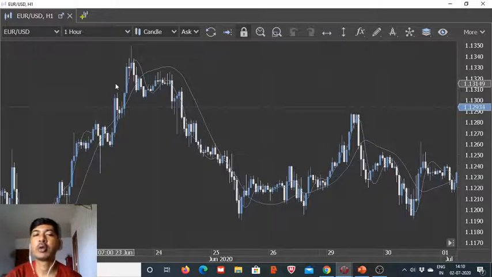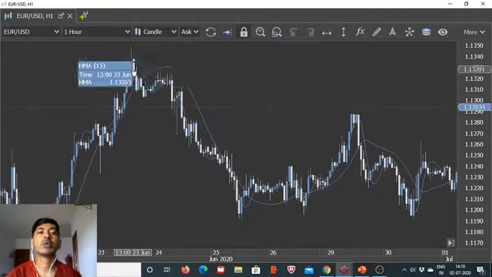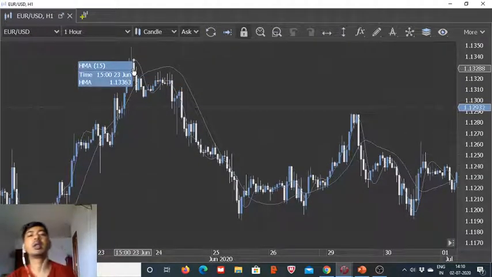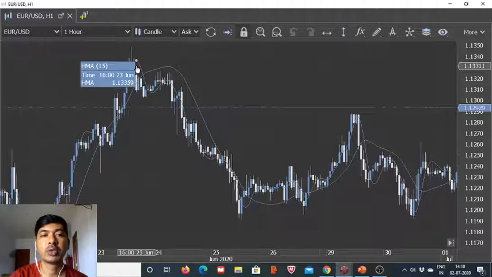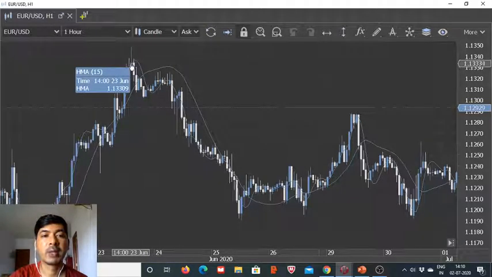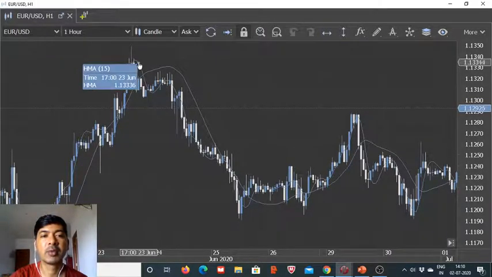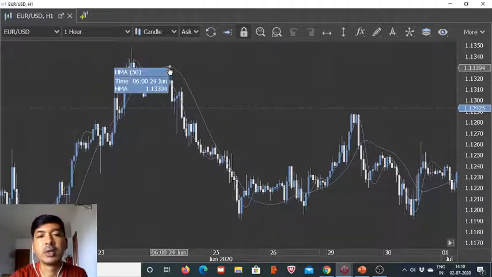And then we also pay attention to the formation on the 15 HMA. Earlier the HMA should have been rising, and now it should start to fall. So we are basically looking at the curve here, and for that we are utilizing the combination of 3 HMAs on different look back periods.